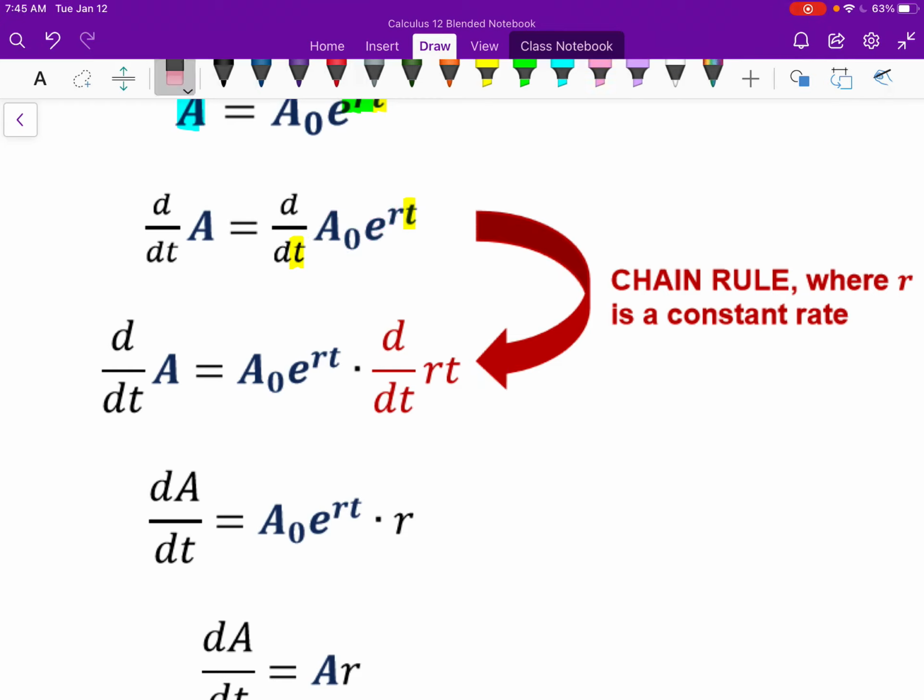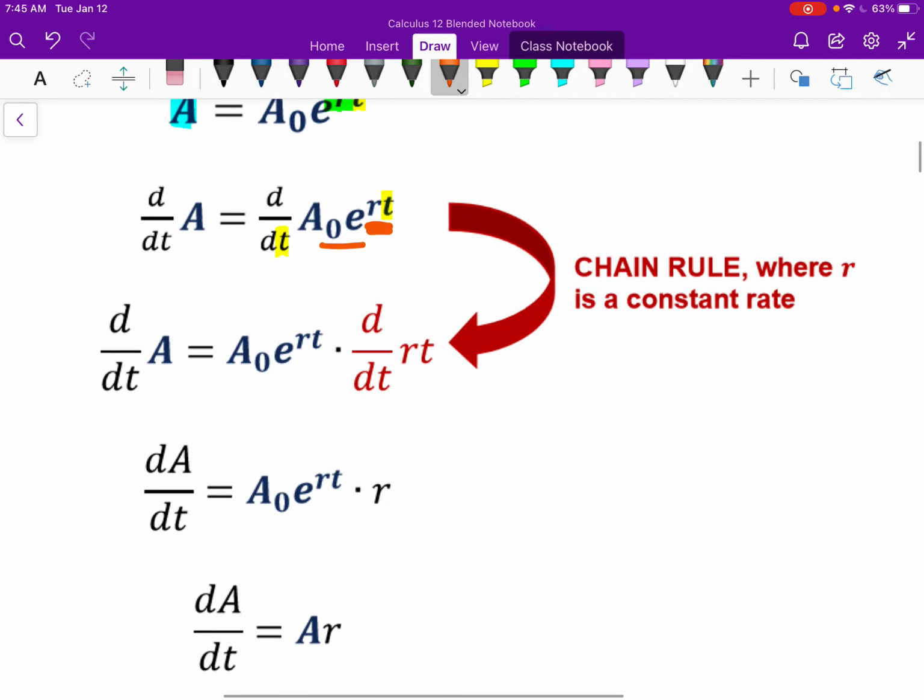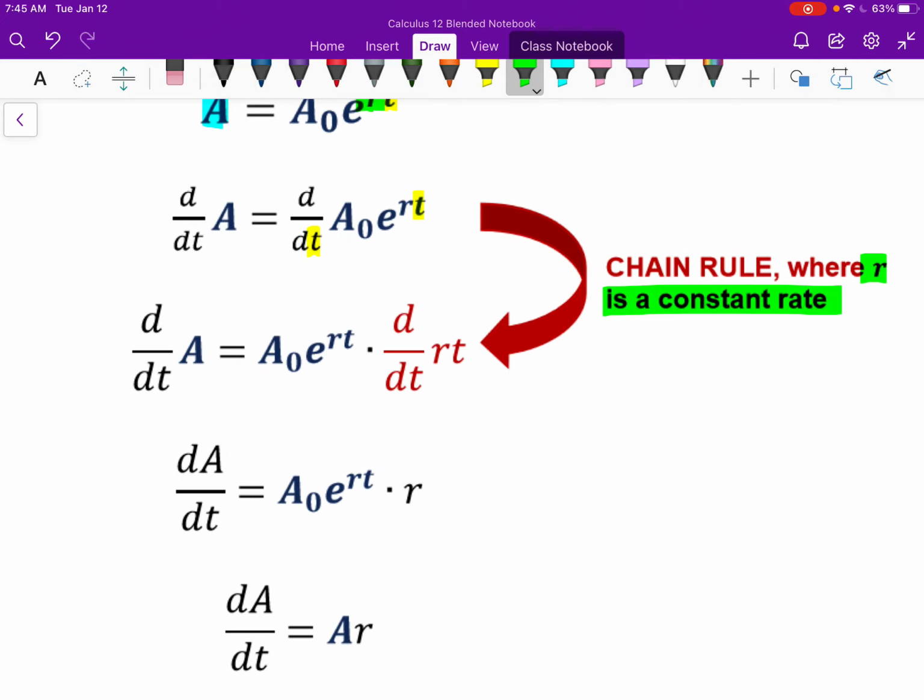So we're differentiating with respect to t. With that said, we still have a linear function, R times t, inside an exponential function, so we have to use the chain rule. But remember again, R is a constant. Using the chain rule, I differentiate the outside part first.